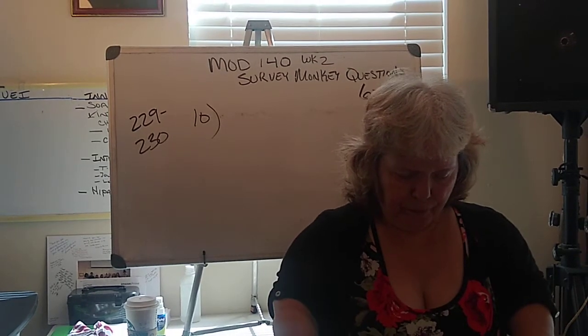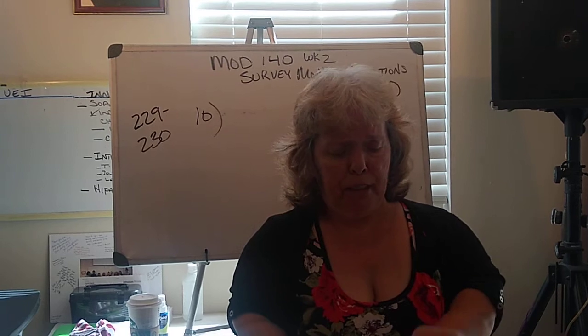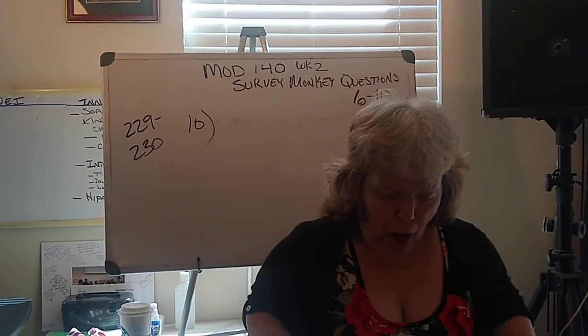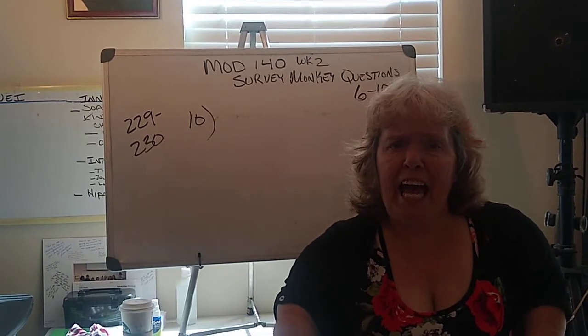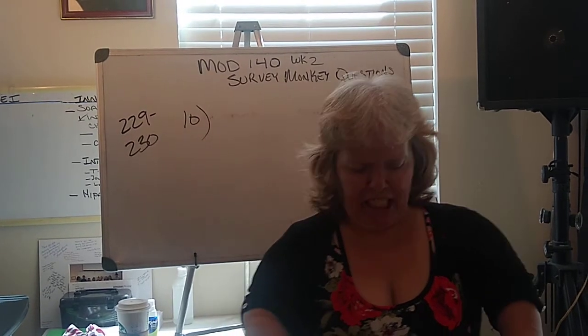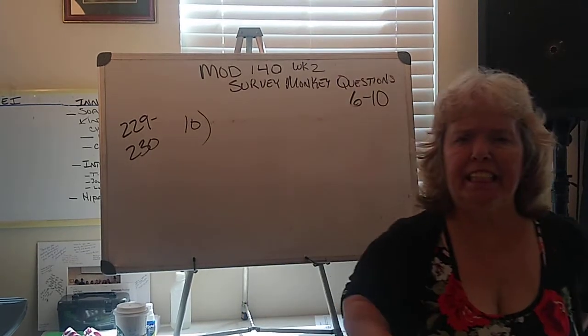Okay, on page 229 at the very bottom, because it continues on page 230, it says a cross-tabulation, or cross-tab, is a method of presenting and analyzing data involving two or more variables to discover the relationships in the data.